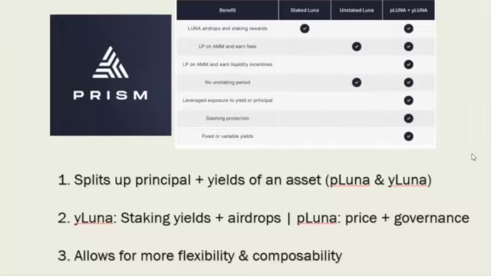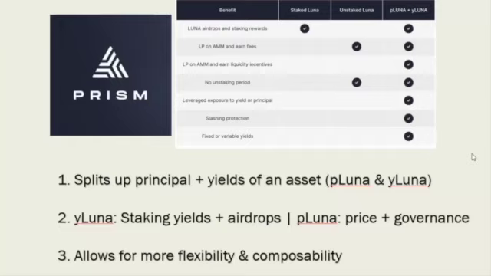And this collateral would be much less volatile as compared to using a crypto asset, because right now on most money markets, you put Bitcoin or Ethereum as collateral, and this is very volatile. And when the price drops, you have a chance of being liquidated. But what if you can use the yield component of the token as collateral? This Y Luna does not have exposure to any price.